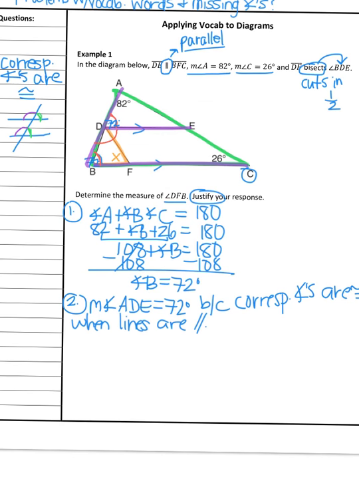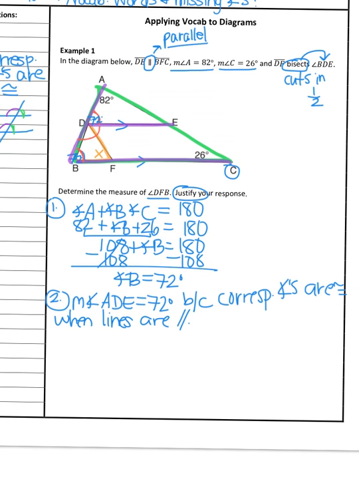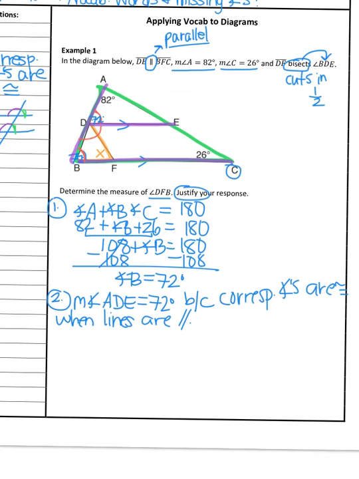We know that side DF is bisecting and cutting in half angle BDE. So this angle right here is congruent to this angle right there. There are two congruent angles in here being cut in half by that line DF.